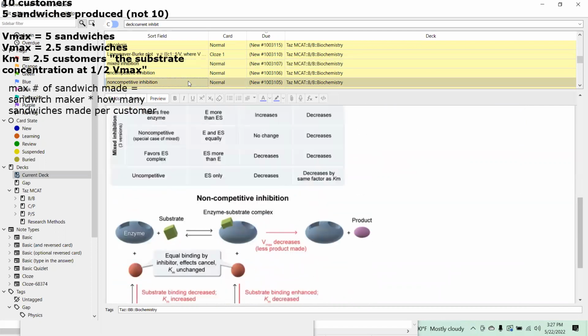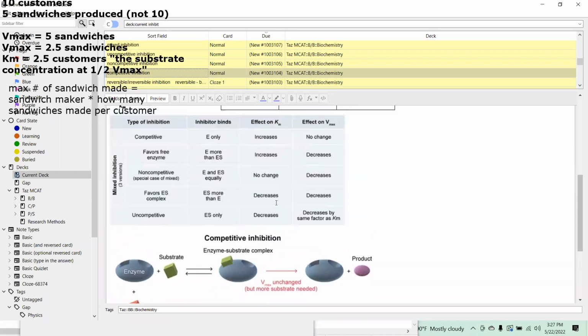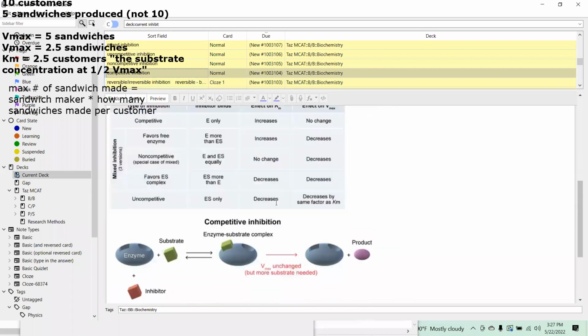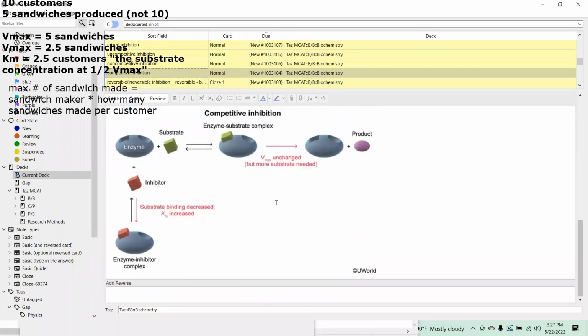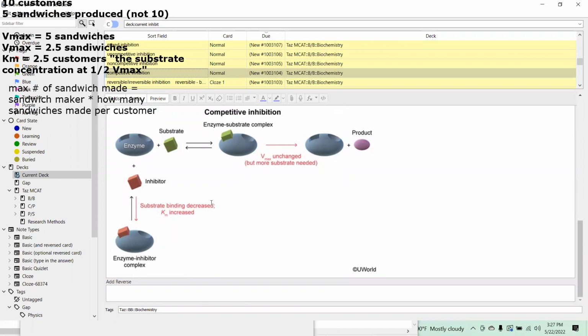Let's not start with mixed. Let's start with competitive inhibition. That's the easiest one. So here's an enzyme, and this square is its substrate. It binds the substrate and makes the product, and that's good. If it binds this inhibitor, then it's no longer able to bind its substrate.